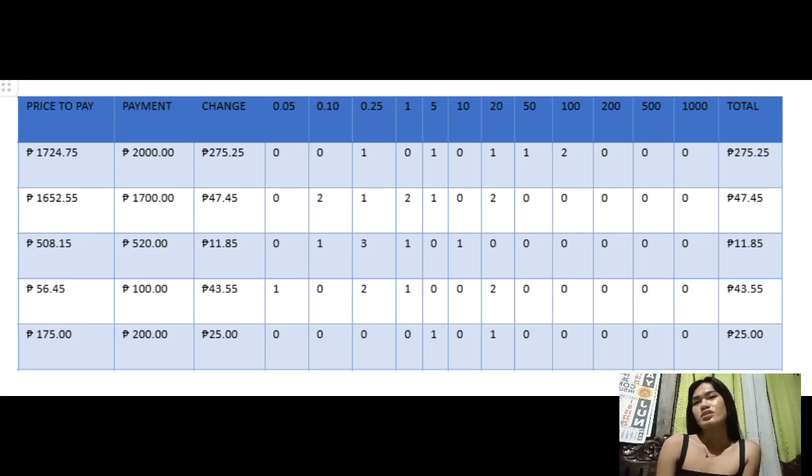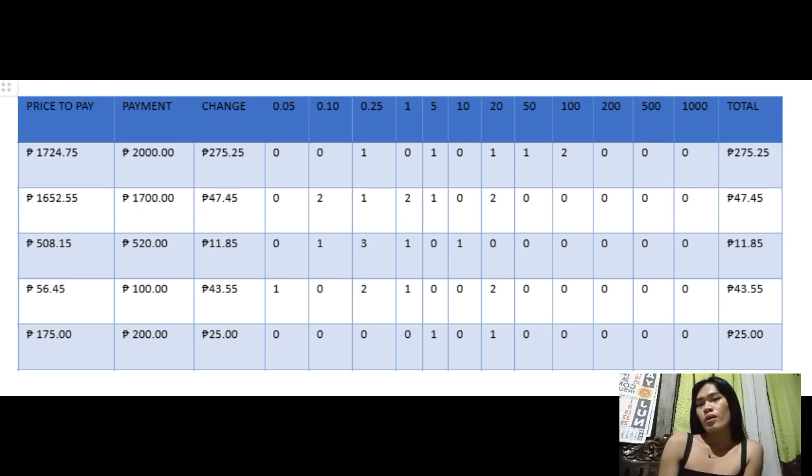The algorithm returns 1 times 200 pesos, 1 times 50 pesos, 1 times 20 pesos, and 1 times 5 pesos. And the last one is 0.25 coin times 1. As you can see, it provides the most efficient combination using the least number of pieces.